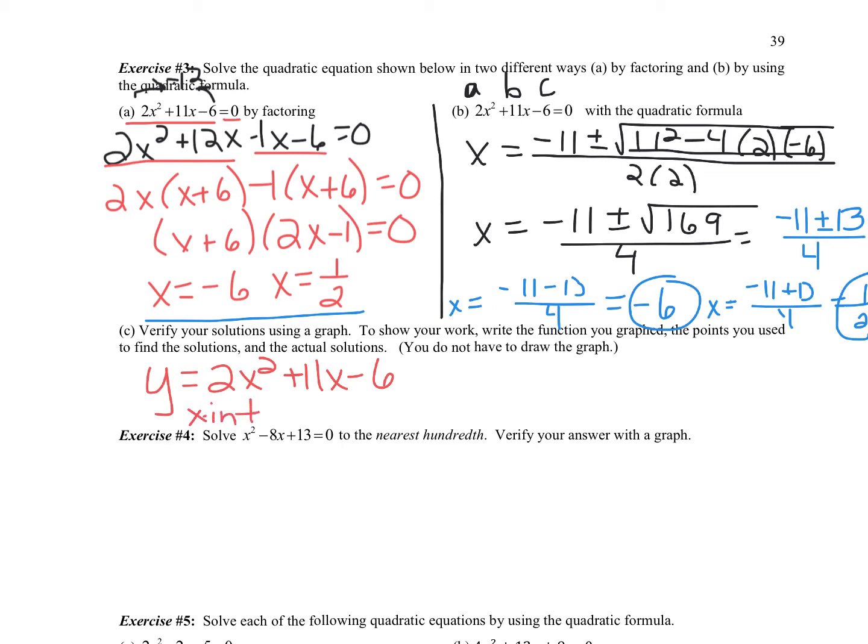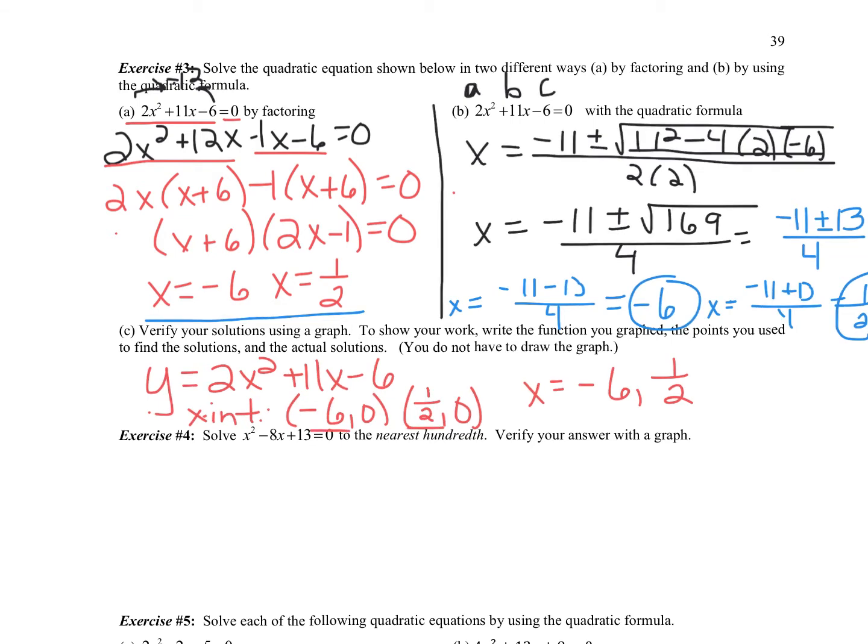I could use second calc 0 for that, and those points would be negative 6, 0, and 1/2, 0, because factoring, quadratic formula, and graphing methods should all give the same solutions. So my solutions would be, like the other two problems, negative 6 and positive 1/2. We just used the graph to find them.